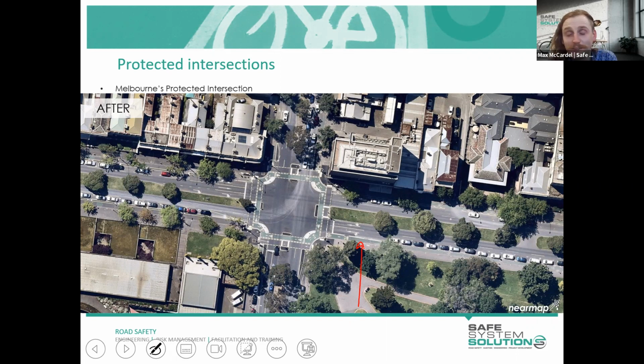That's already a big tick. Just as in all our other examples, we have corner refuge islands at each quadrant, providing physical separation between left turning traffic and cyclists and opening up those sight lines. So it's a similar design to what we're seeing in other situations.